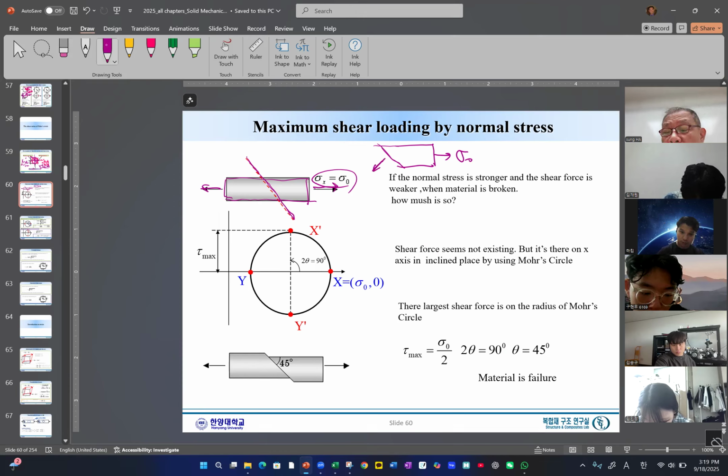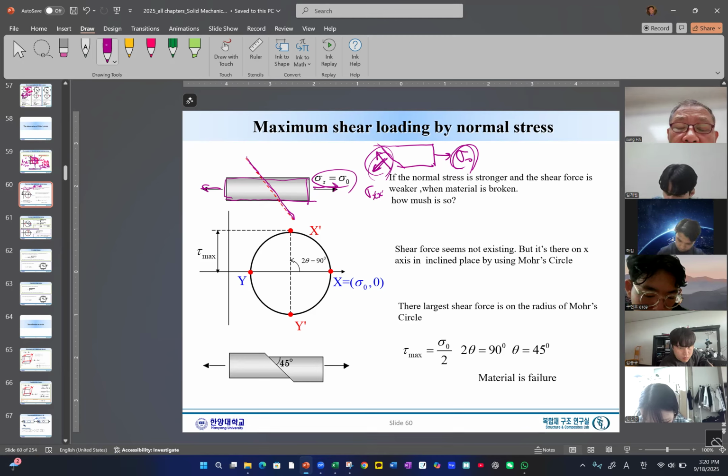No, I don't think so. Because this guy and that guy won't be in force equilibrium, right? So in this plane, we need to have a little bit of shear stress so that this term and this term will be in force equilibrium. That's exactly the concept. This is a normal stress, and this is a shear stress. And that's why we have a shear term.